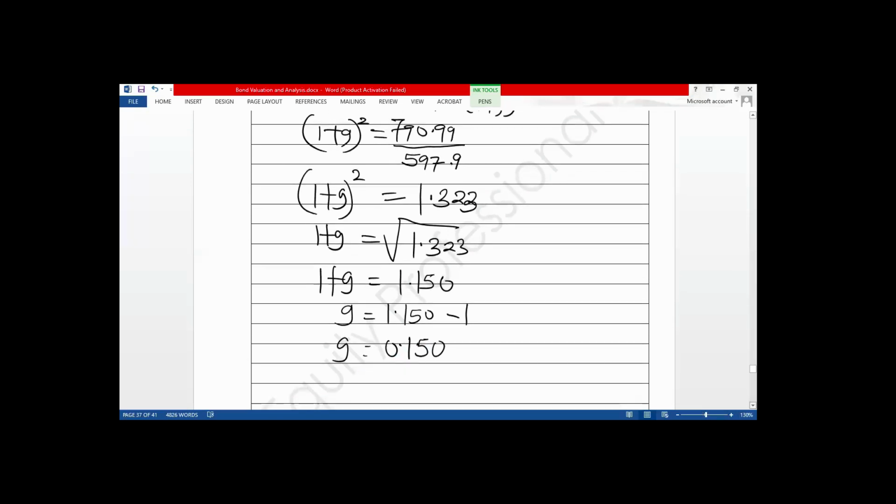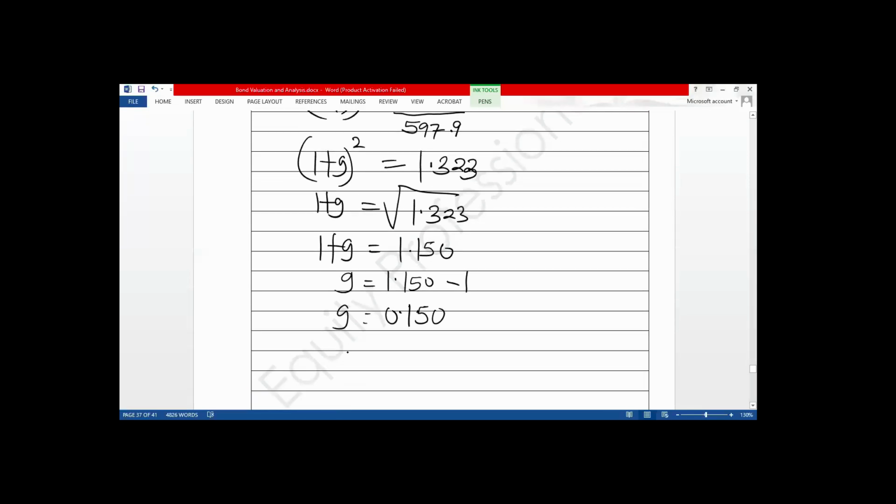Convert this to percentage, multiply by 100. Our G is equal to 0.15 multiplied by 100. That will give us 15%. Is that not so, please?